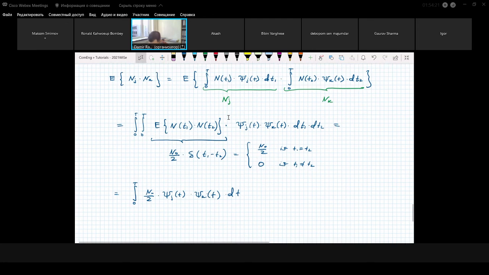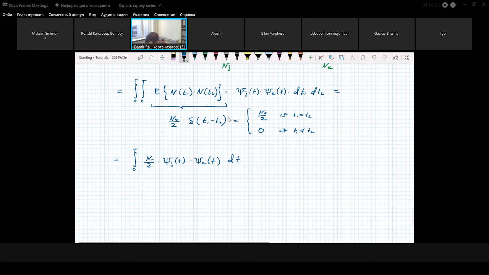This is our result. And again, now we need to analyze what happens when we have different basis functions, because before we were talking about different time instances for noise, but now we come to a discussion about basis functions. If j and k are different indices that belong to different basis functions, the result will be equal to 0 because basis functions must be orthogonal.